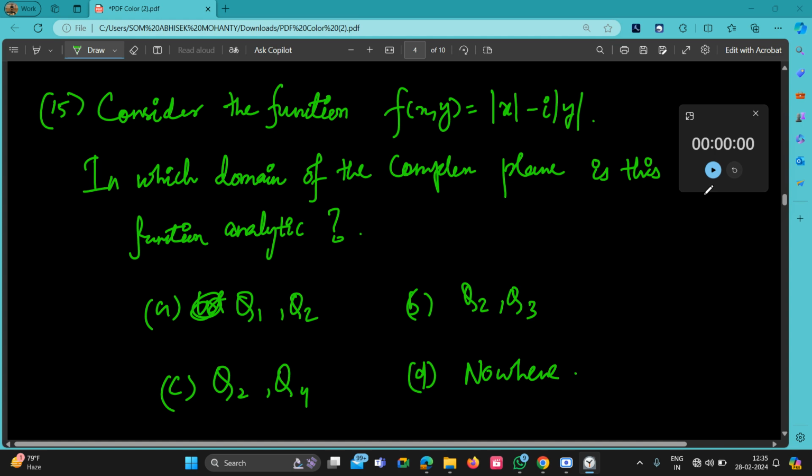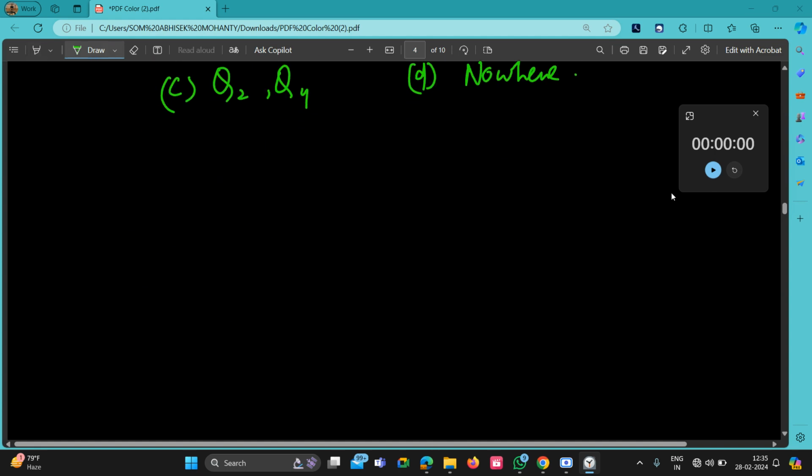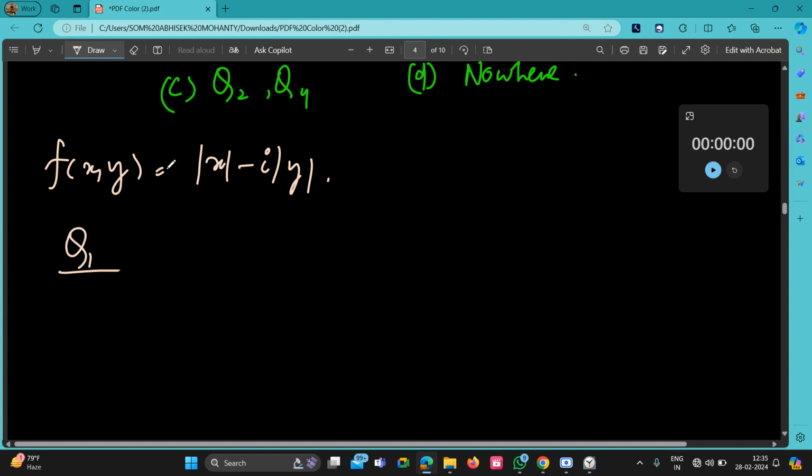Let's see. We have to first write the function. If we write the function f(x, y), how much? Mod x minus i mod y, right?